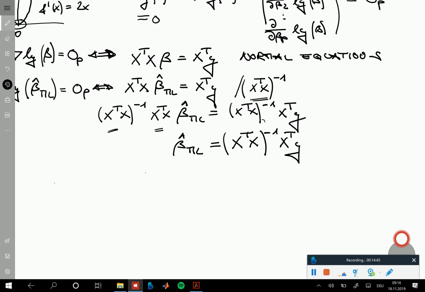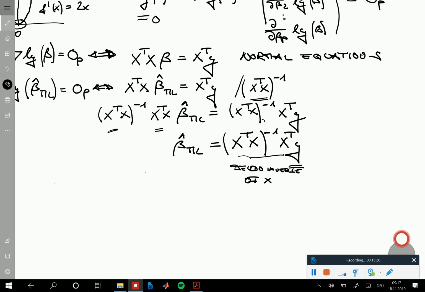And that's already our first maximum likelihood estimator. So note what we have here. We have a formula: if we have some observed data y, then by multiplying it with the inverse of the design matrix, which is also known as the pseudo-inverse of the design matrix x, we get the maximum likelihood estimate.